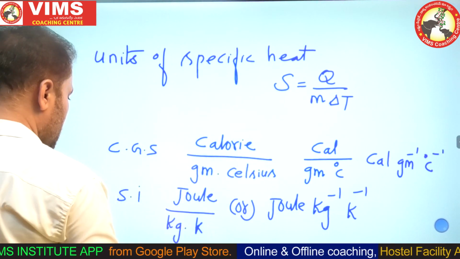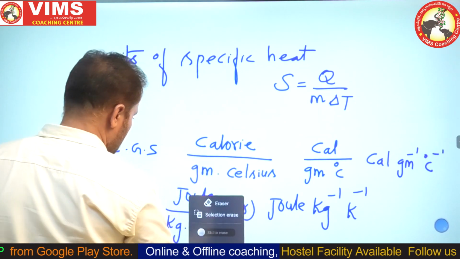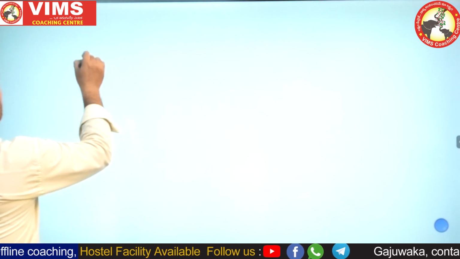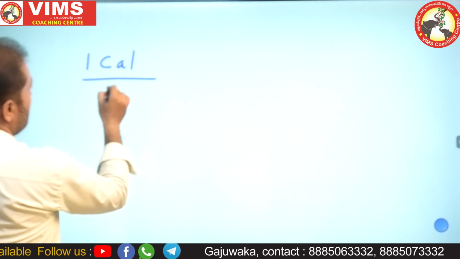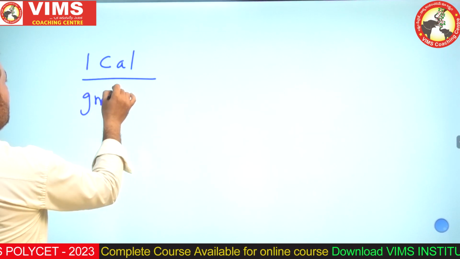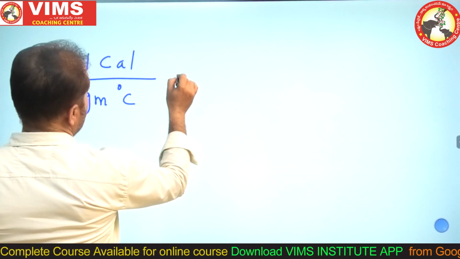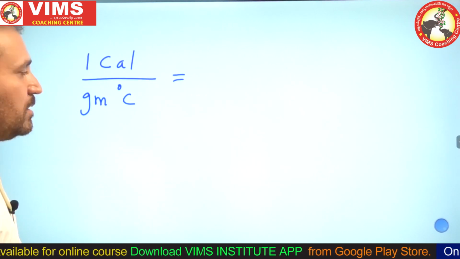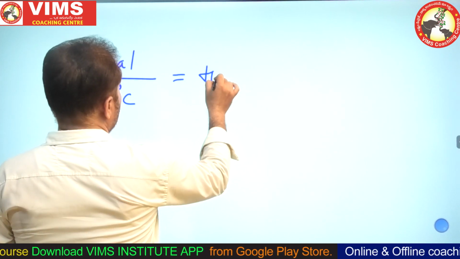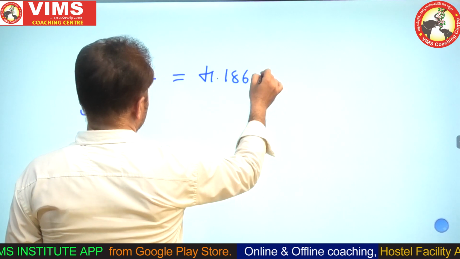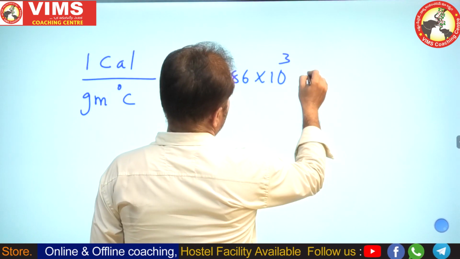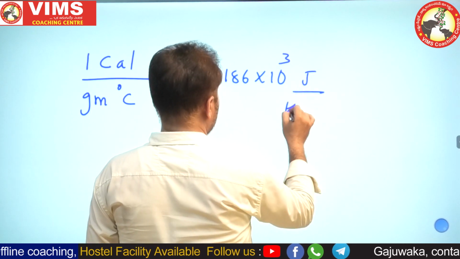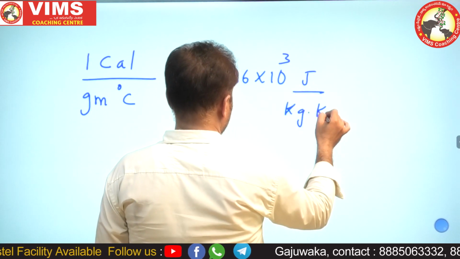We also need to remember this relation. Let us see what the relation is. One cal per gram degree Celsius is equal to 4.186 into 10 to the power of 3 joule per kilogram Kelvin.